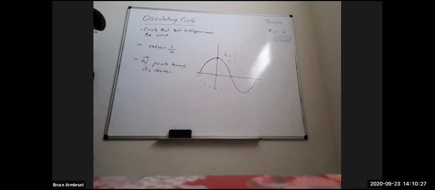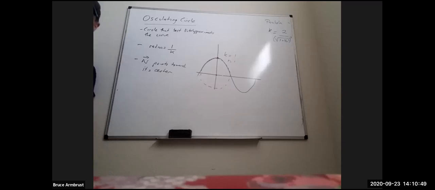So if you ever want to actually find the osculating circle, we know how to do it. We could even get the equation of it, because we know where to go, we know how far to go, and that'll get us our center.